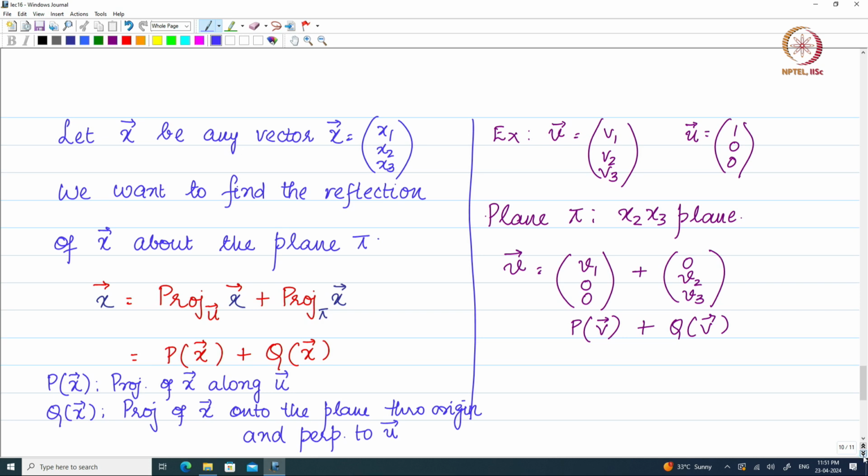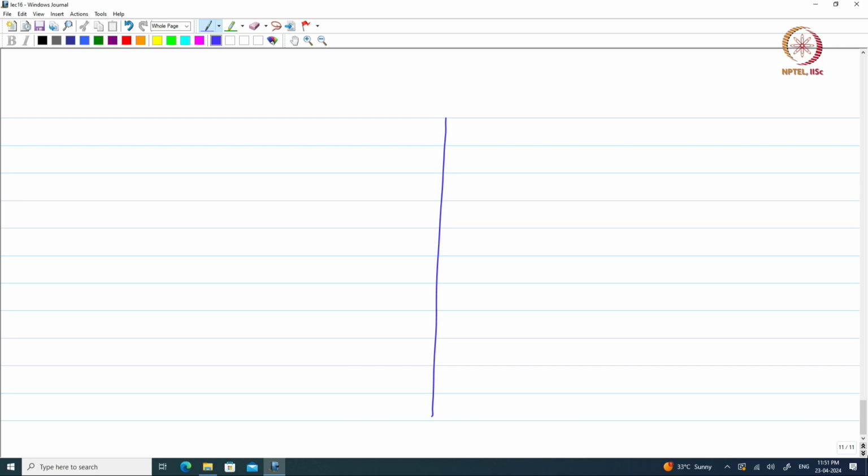Again, let us use the same principle that we did for the case of projection and reflection about a line. So, what we are going to do is let r pi of the vector x denote the reflection of x about the plane pi.